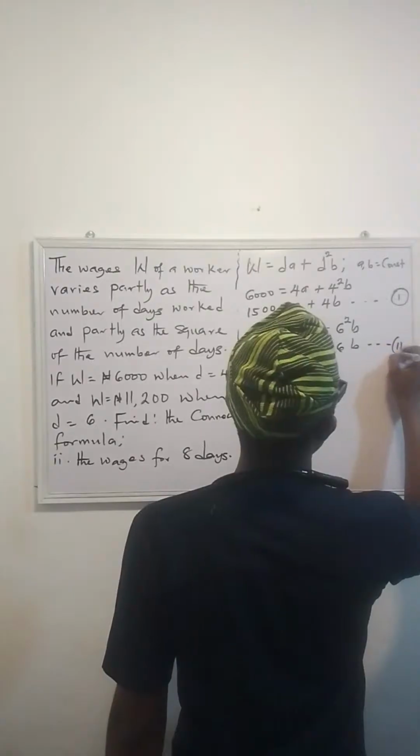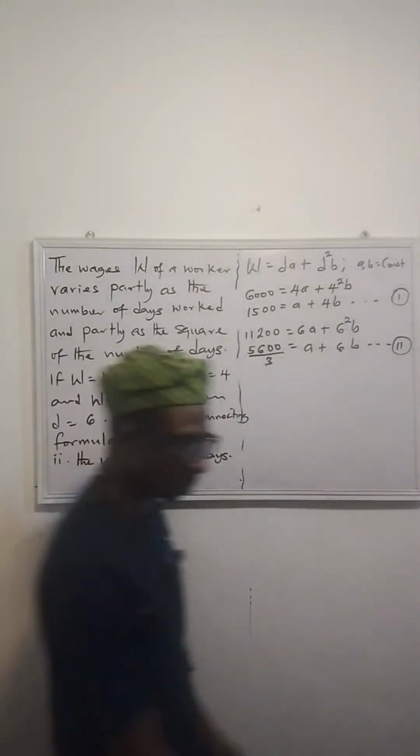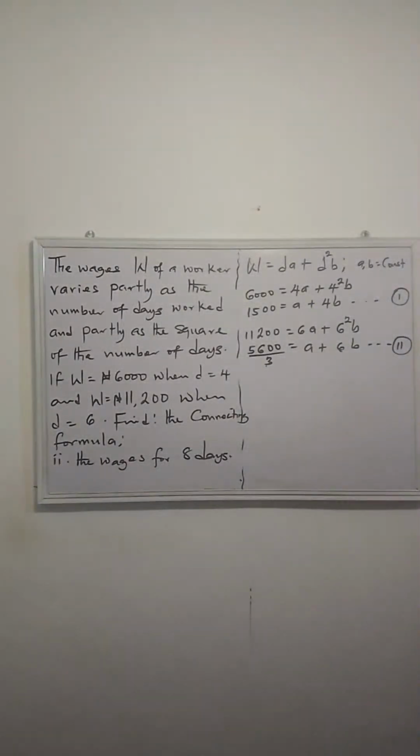Now, what is the next thing to do? We are going to subtract the equations from each other. So we can subtract equation 2 from equation 1.